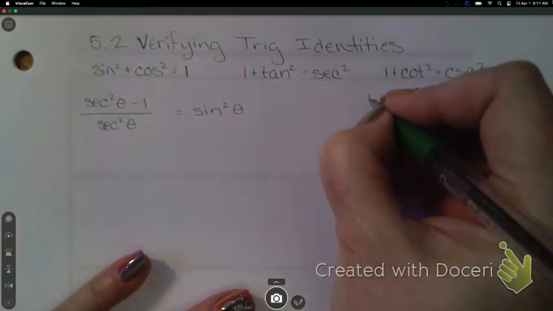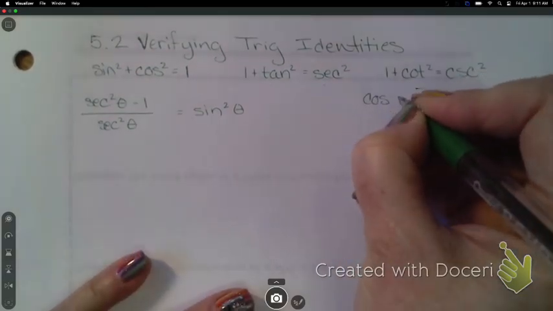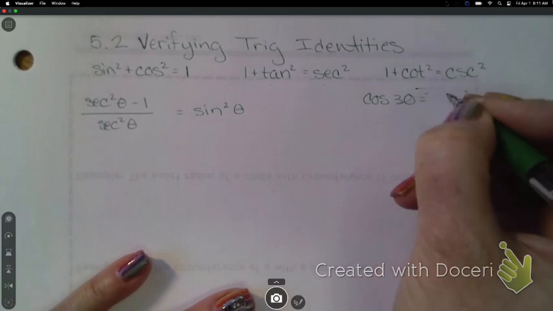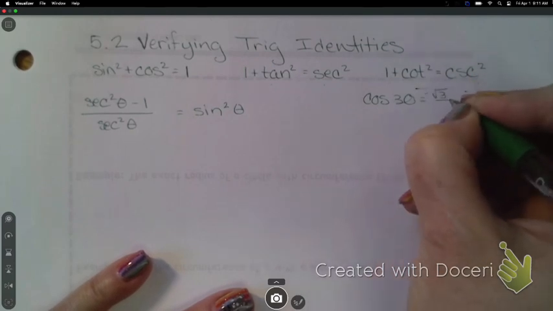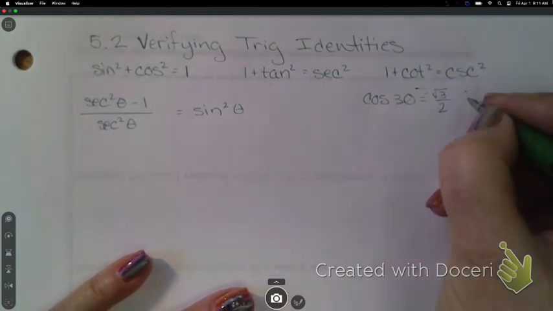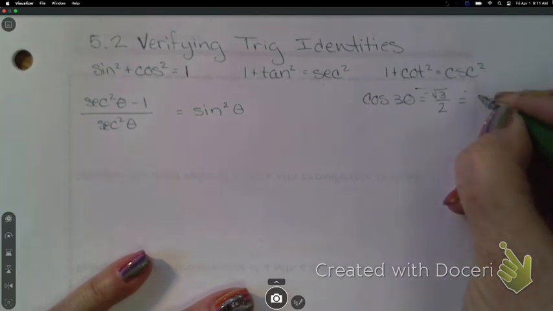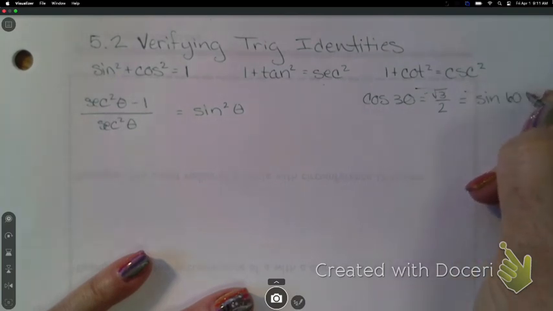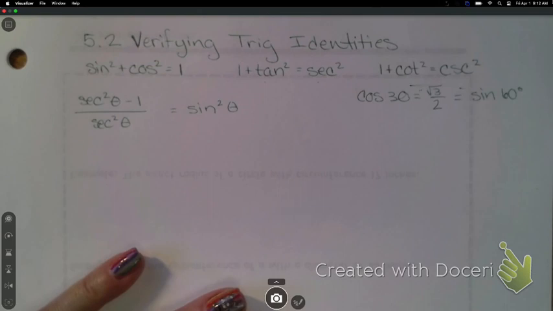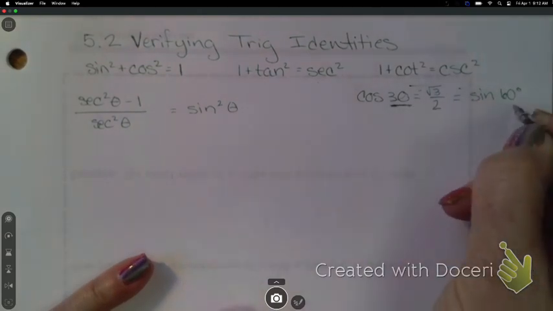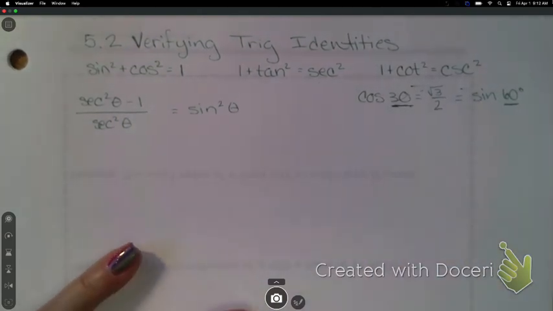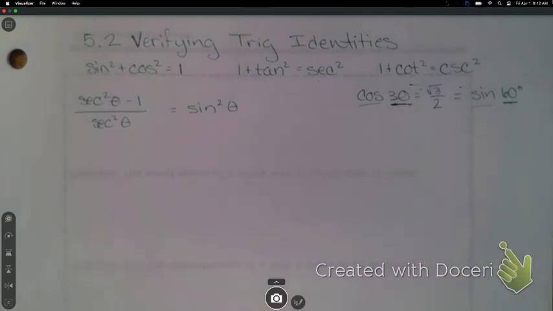So if I have the cosine of 30, which is square root of 3 over 2, that is also equal to the sine of 60, which it is, because 30 and 60 equal 90, and sine and cosine are cofunctions. Yeah, there was a whole example that went with that.